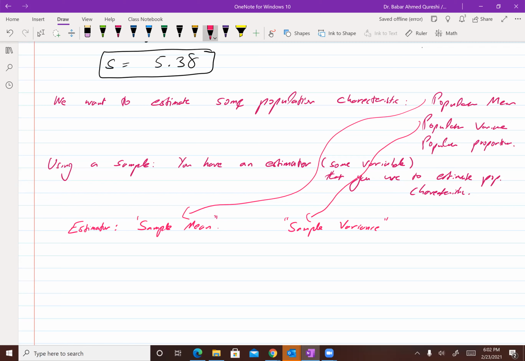You do the same thing you are doing in the population on the sample, and that gives you an estimator for the population characteristic. However, because you're picking a sample, this estimator is always a random variable.